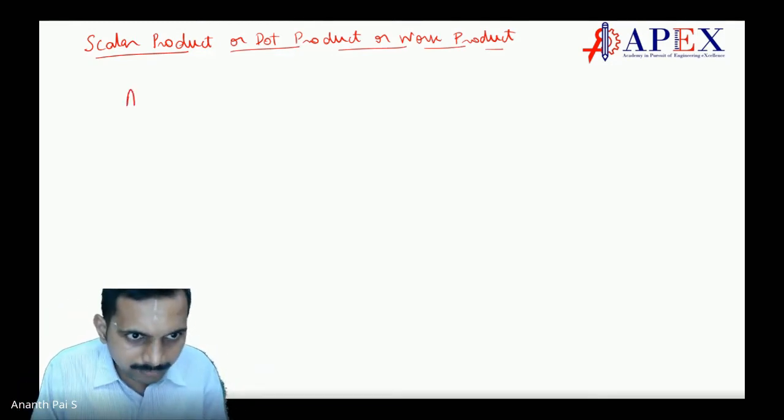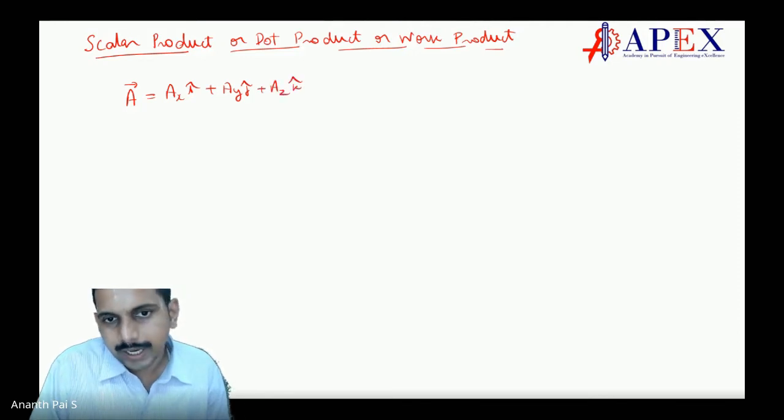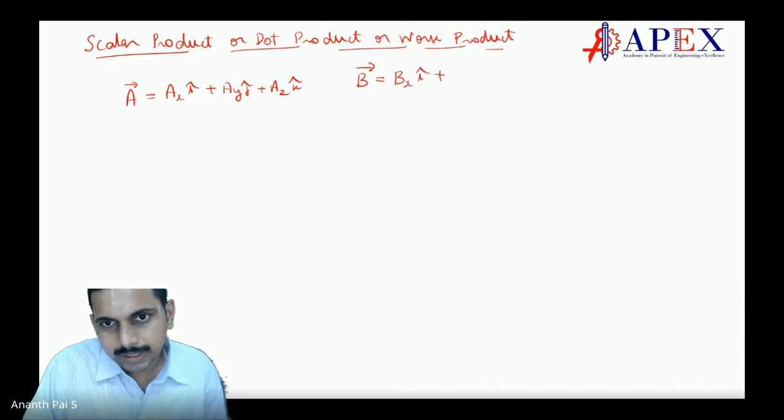If you have a vector A, which is given by AX i plus AY j plus AZ k, and then you have B vector, which is defined by BX i plus BY j plus BZ k. That is the way it is.